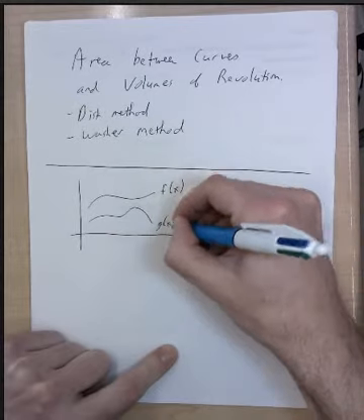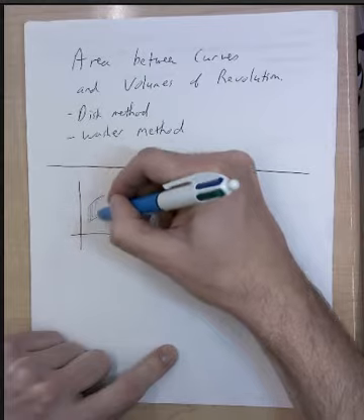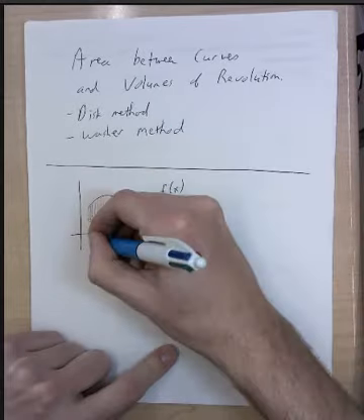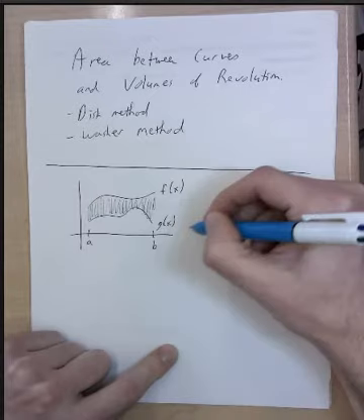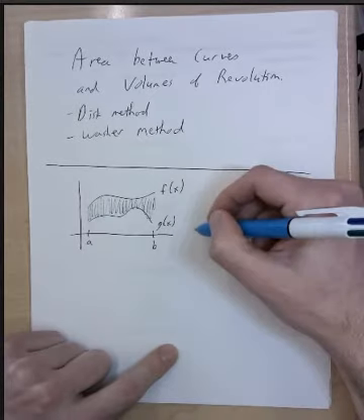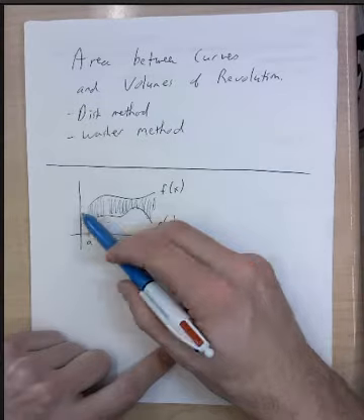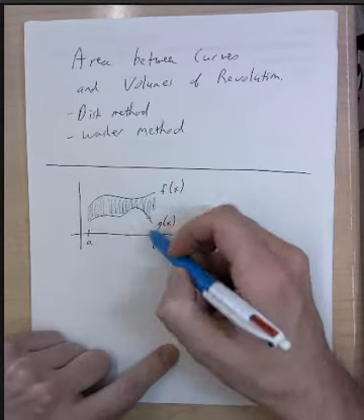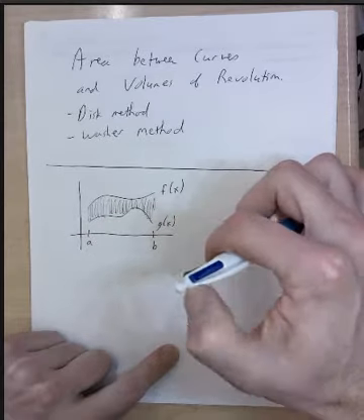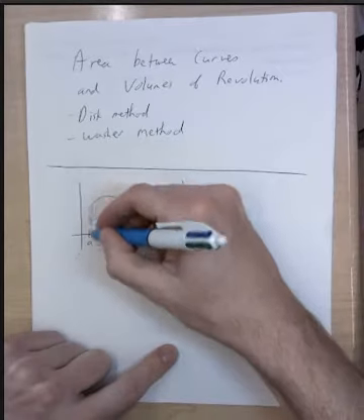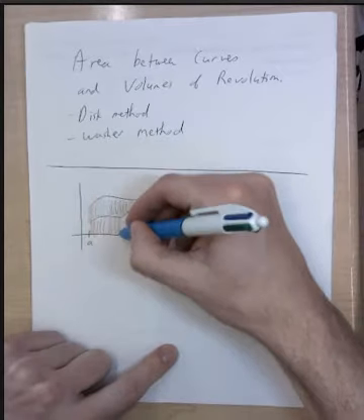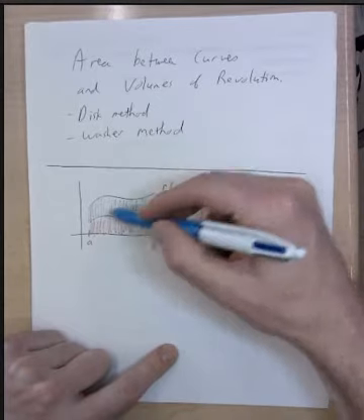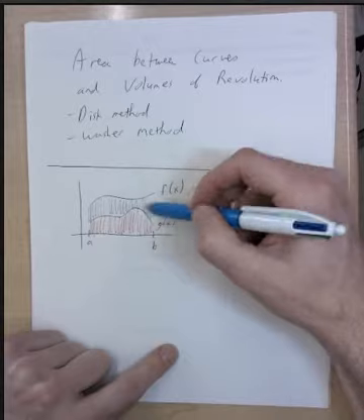And I want to find this area right in here between A and B. All I have to do is find the area under F and subtract the area under G, which is down here, which I'm going to shade in red. And so once I find the area under F and I find the area under G, I subtract and I have the area between them.